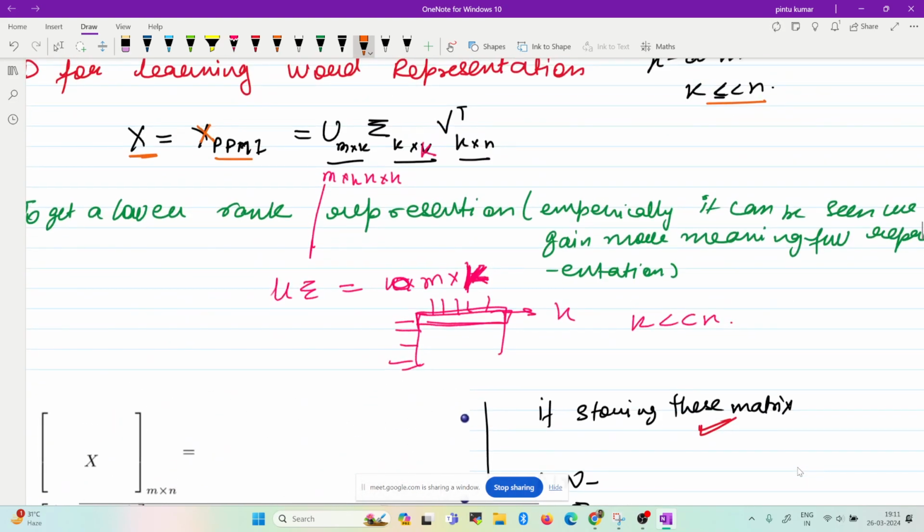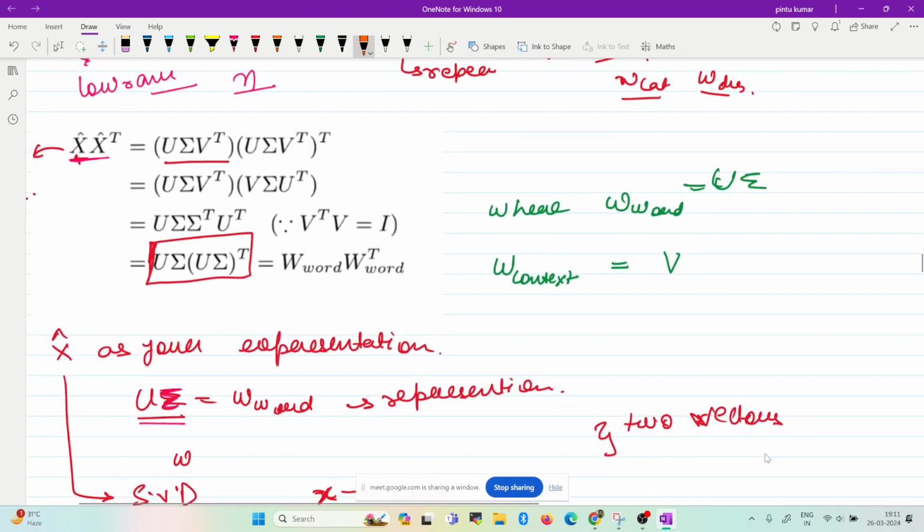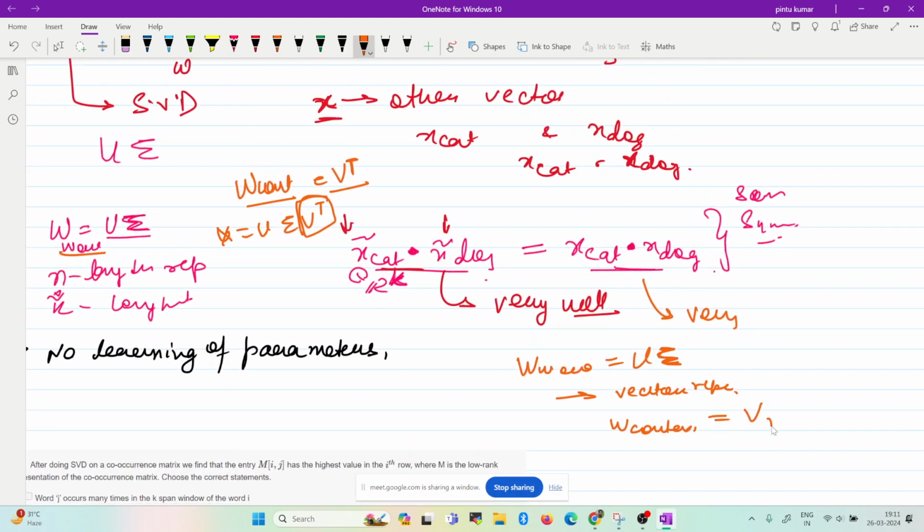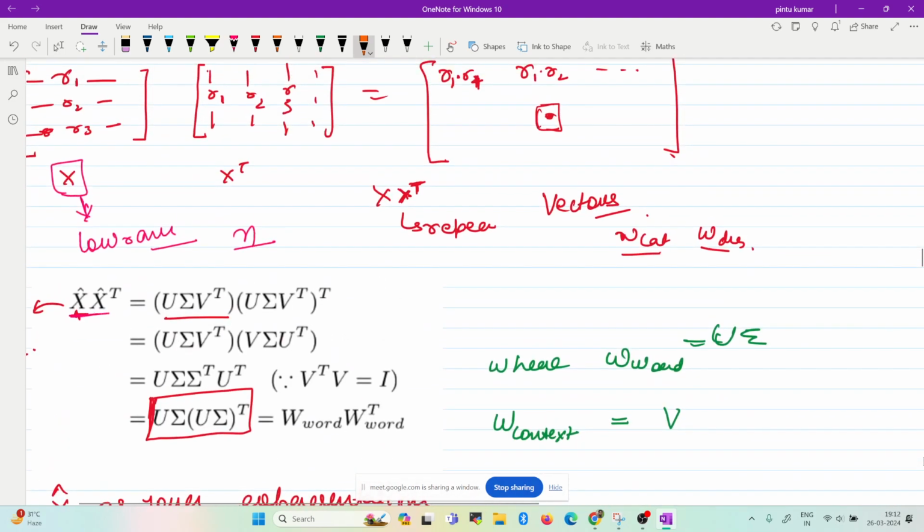V transpose is k cross n. So if you take your W context as V, this would be n cross k. So now for every context, you will have a representation of dimension k, or length k you can say.